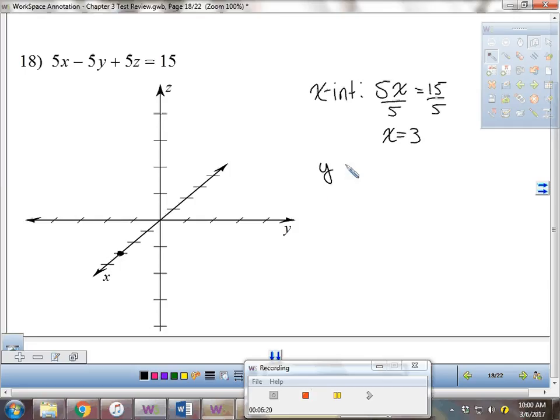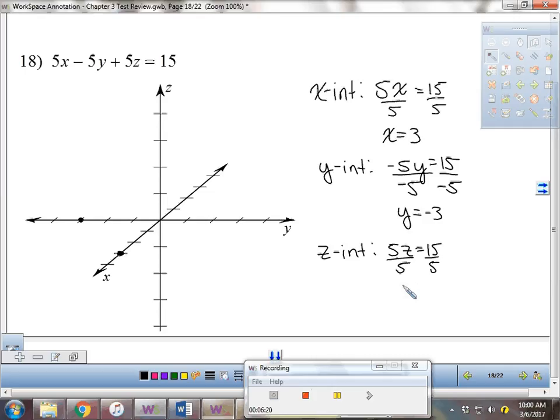So then your y-intercept would be negative 5y is equal to 15. Divide by negative 5. So your y is negative 3. So negative 3 on the y-axis. And your z-intercept would be 5z is equal to 15. Divide by 5. And z is 3, so you put it at 3.